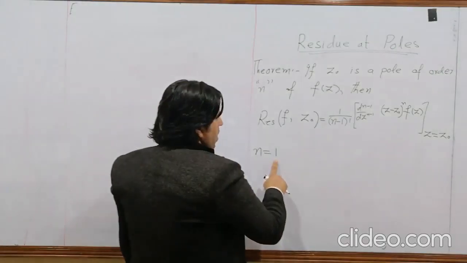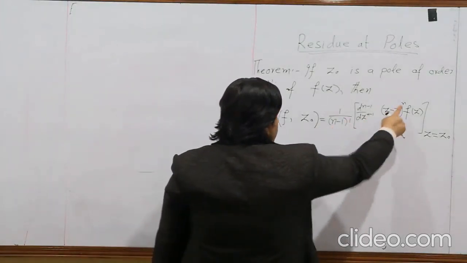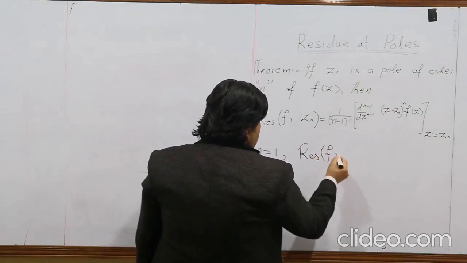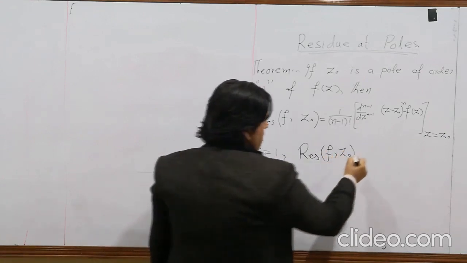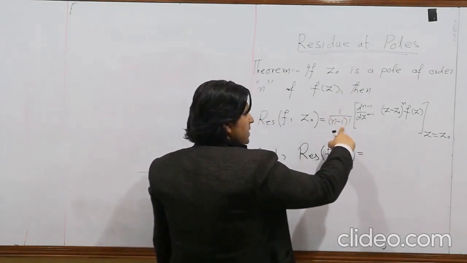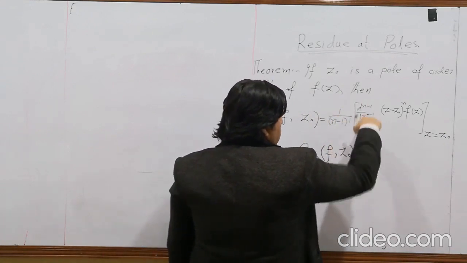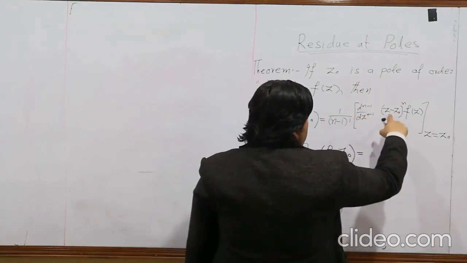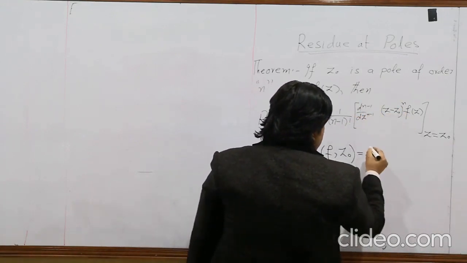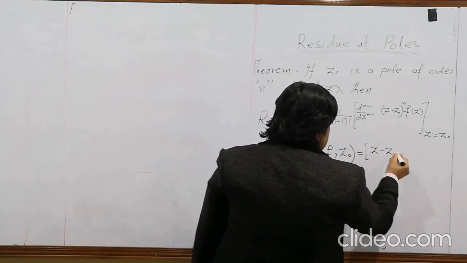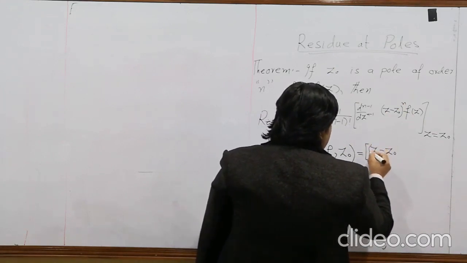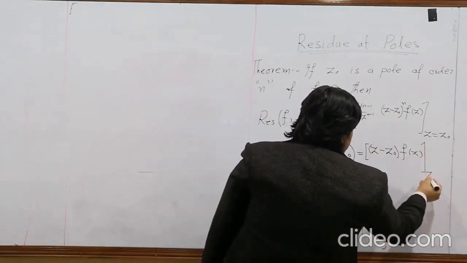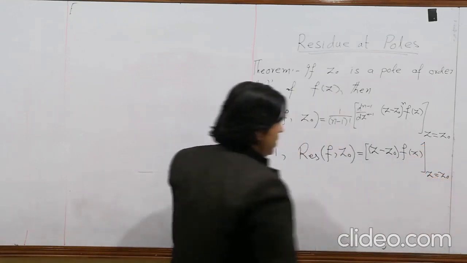So if n is equal to 1, just put 1 here, here and here, and we can see that the residue of f at z naught will be equal to, this is 0 factorial which is 1, and n minus 1 is 0, so there is no derivative, and z minus z naught power 1, so we can write this is z minus z naught only, and the function f of z. And of course at the end we have to put z is equal to z naught in the answer.